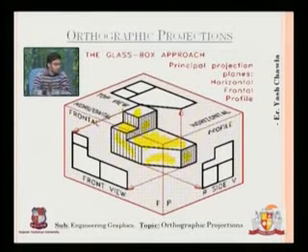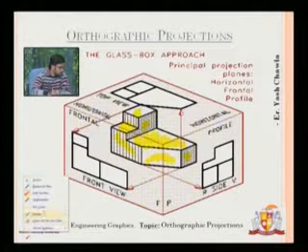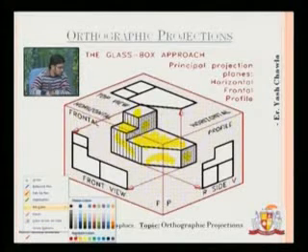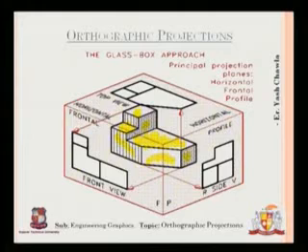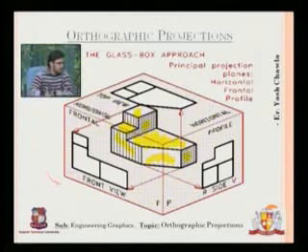So if I want to see the front view, as you can see here, I'll turn the glass this way around, and this thing will be in front of me. So this is my front view.